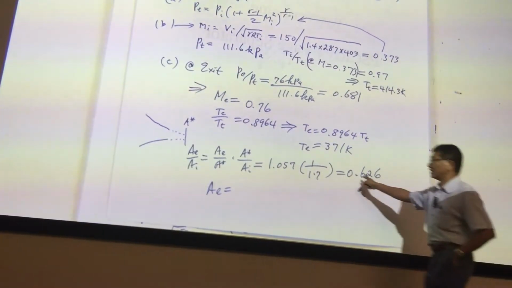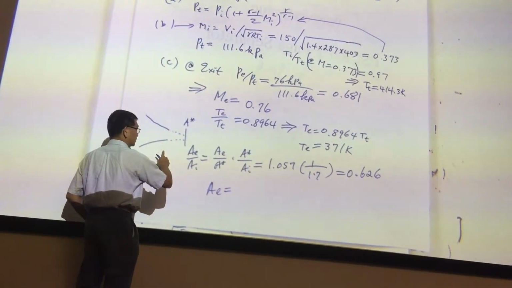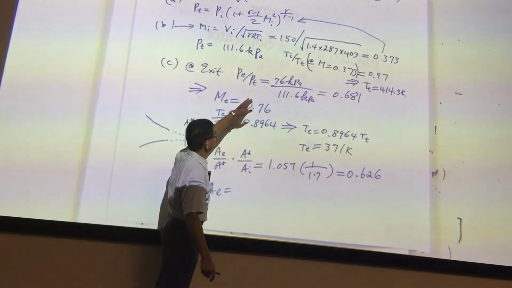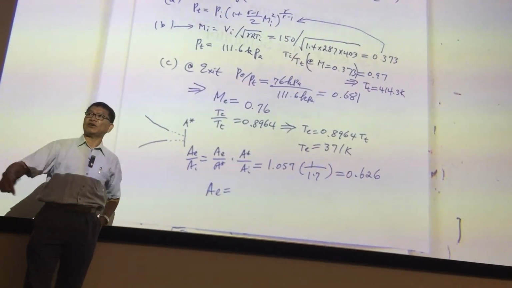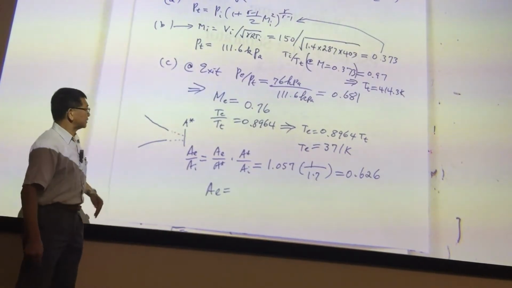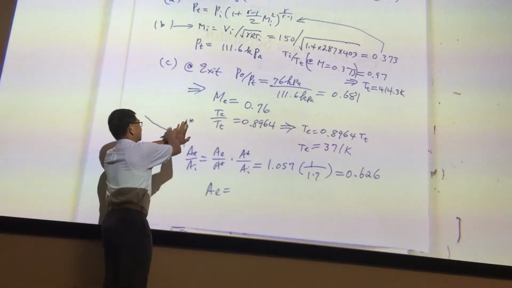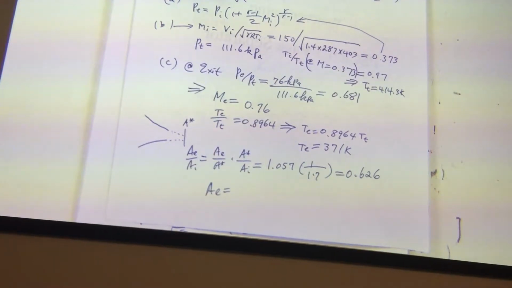Originally, this AE is not A star. Originally, your AE is here for the pressure that was given, right? 76 kilopascal. If I lower it to be below 58.9, I think the number, then what you will have is that your AE now is the A star. AE itself is now the A star. Right?